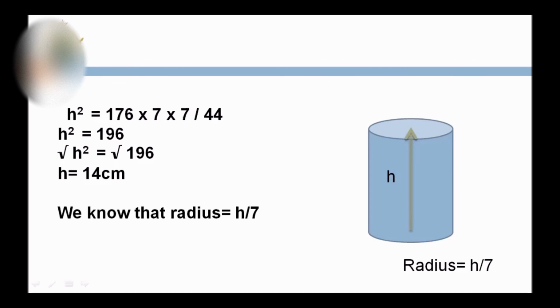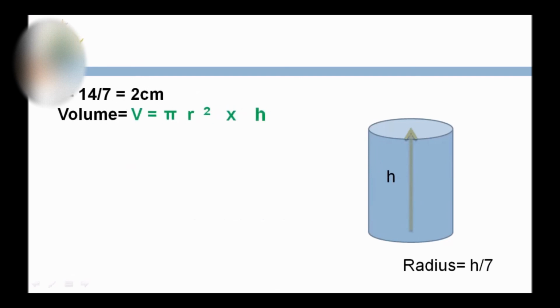Now we know that radius is equal to 7th part of height. So height is 14 centimeters, and divided by 7 we get 2 centimeters, which is radius. Now notice that we have both the height and radius. So we can calculate volume, which is equal to pi r square into h.